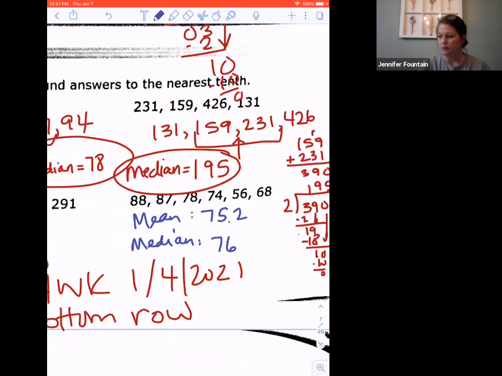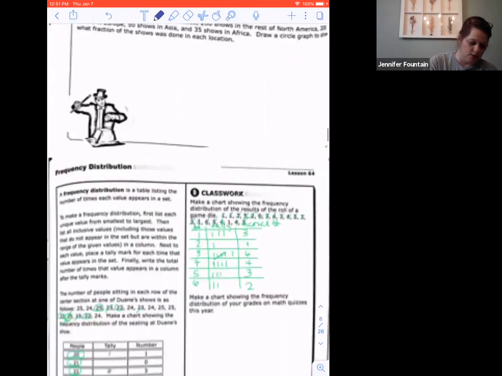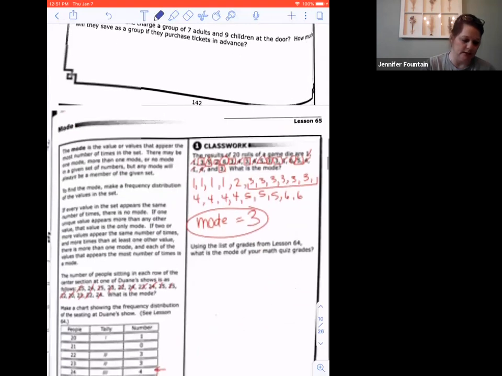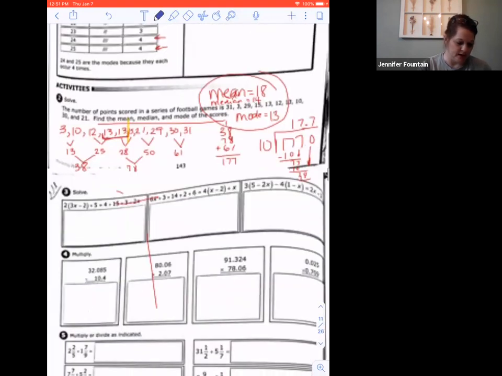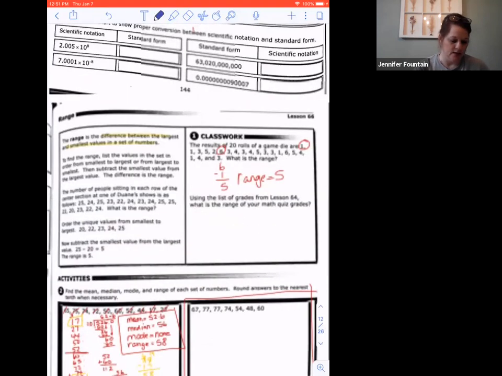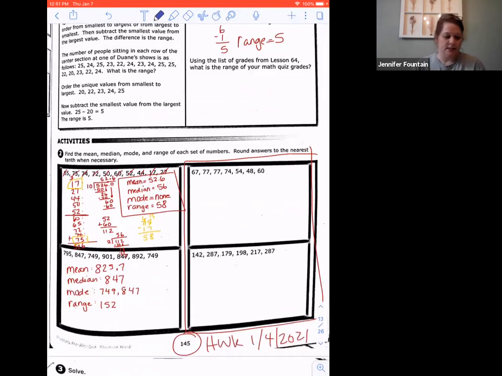All righty, then page 145, the right-hand column. So let's see, we need to go on down to lesson 66. There we go. So lesson 66, page 145.